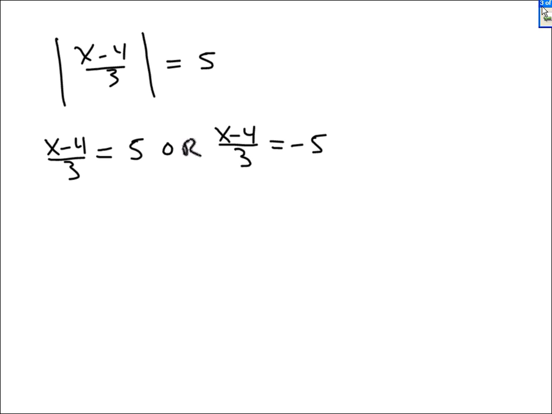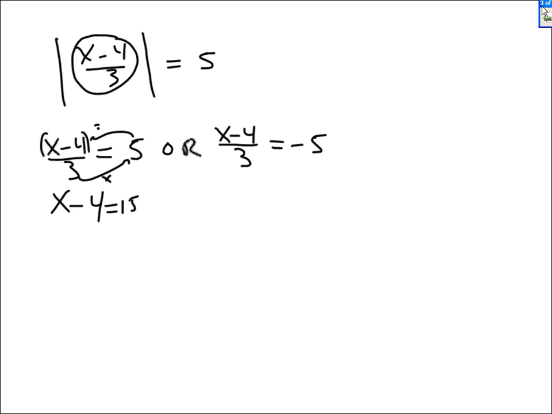It doesn't matter what this is. It matters what can go in between the bars: 5 or negative 5. 3 times 5 is 15. That equals the numerator. Some number minus 4 is 15.